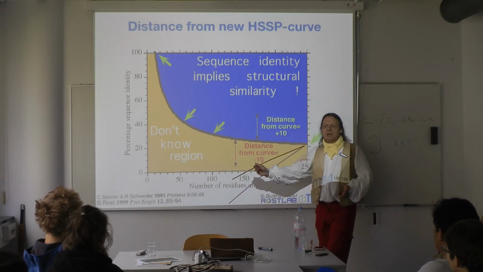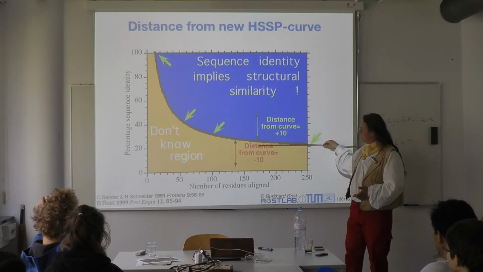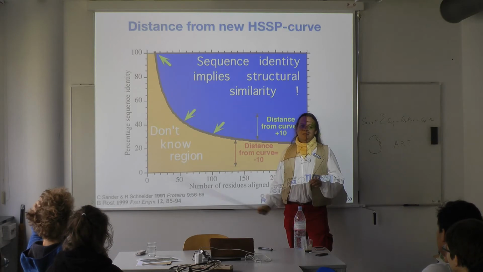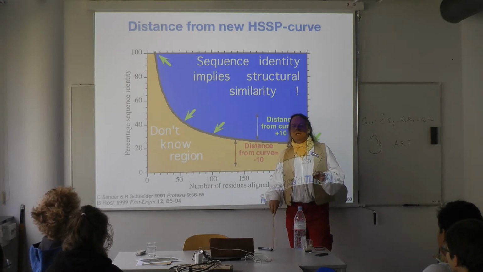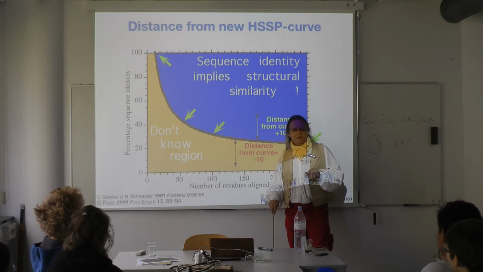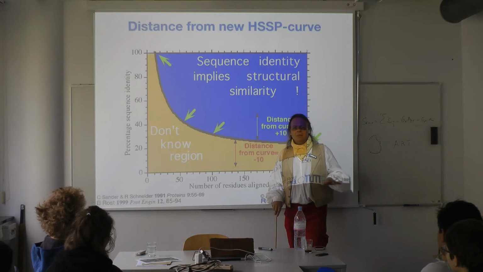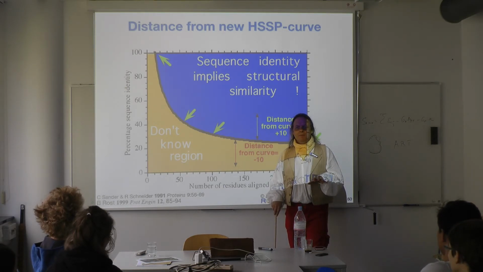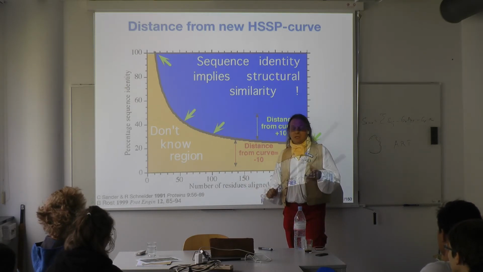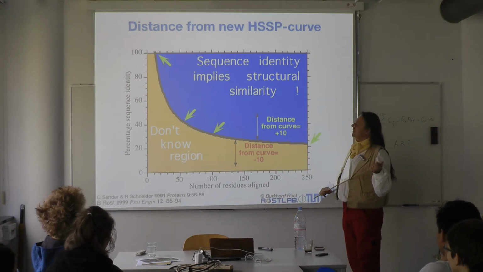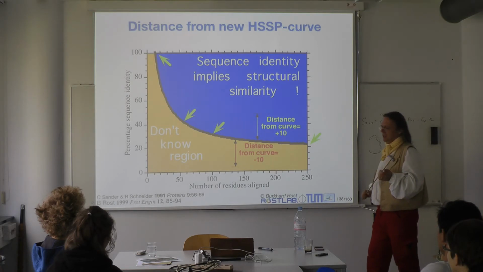For alignments longer than 250, this is close to 20. And for alignments of 10 or 11, this is not even at 100, meaning that if you have 11 identical residues, 11 identical does not tell you anything about structure. Okay? That's one outcome of this curve here. And that's reality, because you can find the same 11-mer in different structures. But this is essentially the curve.